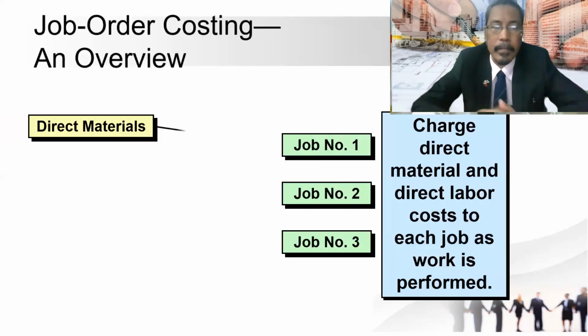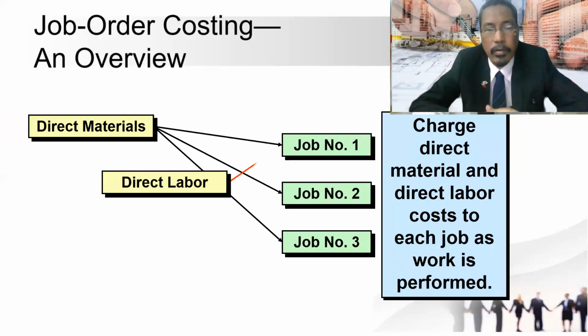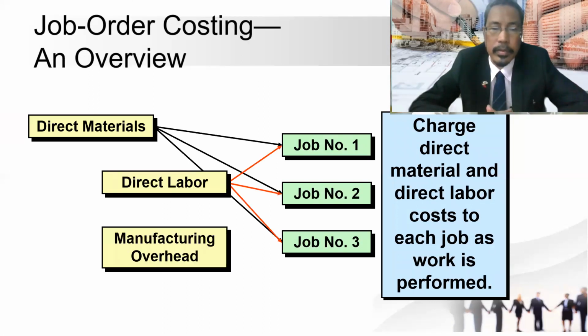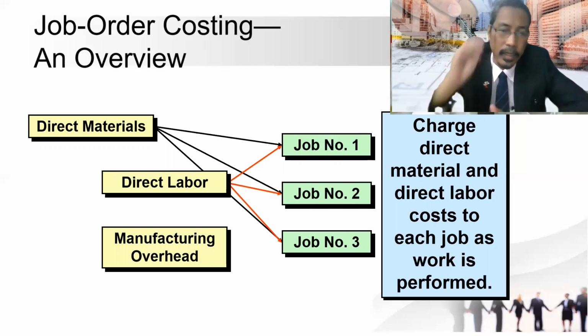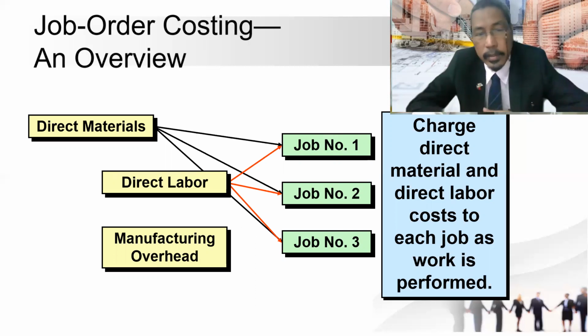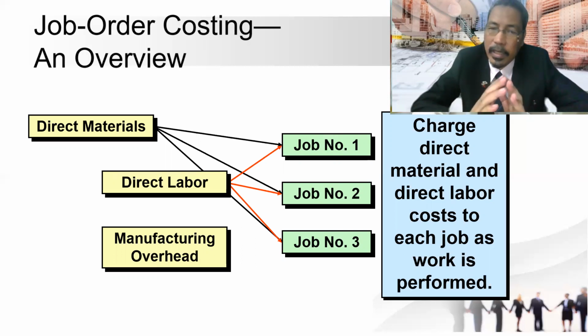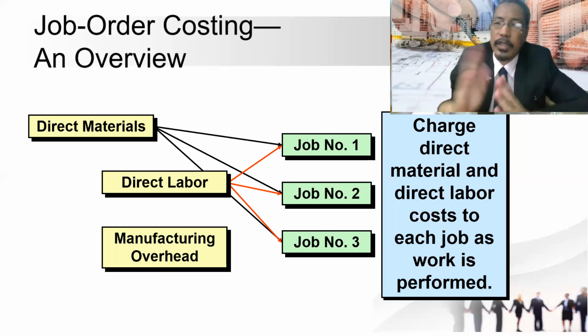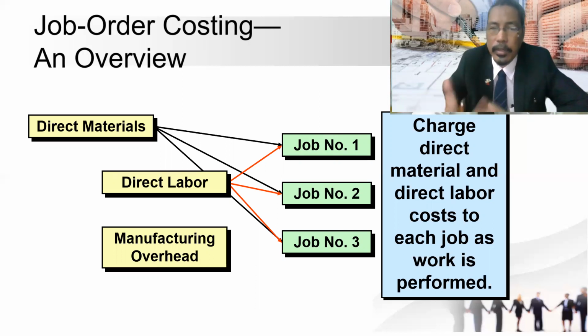Okay, job order costing overview. So we have what, 3 categories of cost: manufacturing cost, direct material, direct labor, and manufacturing overhead. So direct materials, we have materials that have to be used in job order number 1, number 2, number 3.